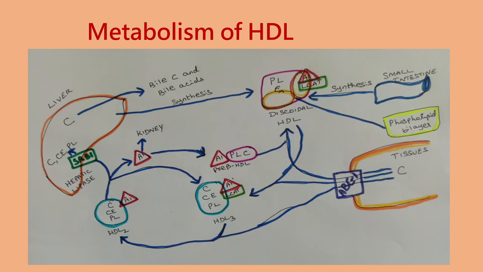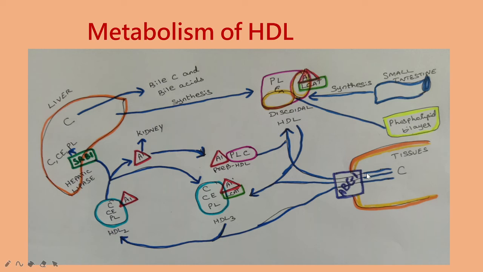It appears that all plasma lipoproteins are interrelated components of one or more metabolic cycles that together are responsible for the complex process of plasma lipid transport. So this is about the metabolism of HDL.